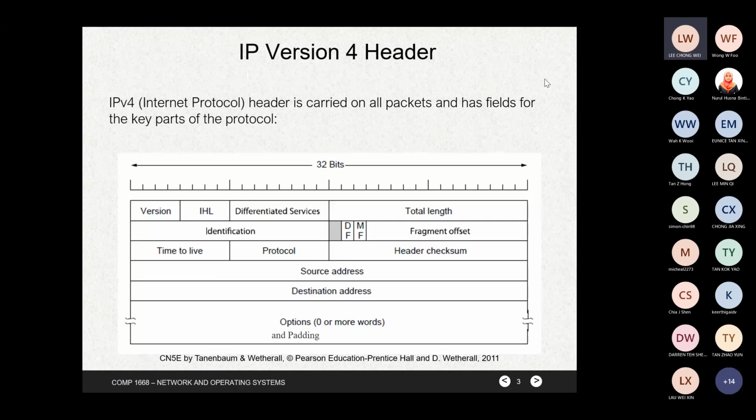Try to understand each one, the fields inside the header, and most importantly the size of IP version 4, which is 32 bits in length compared to version 6. So remember all these details. Time to live, protocol, fragment offset, header checksum, that's for the error checking.